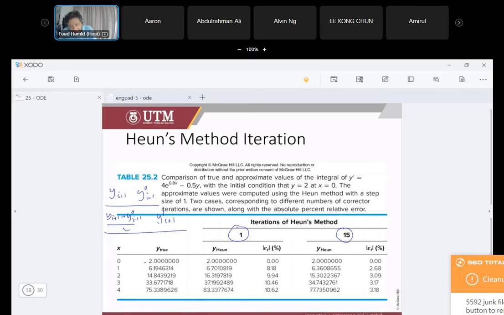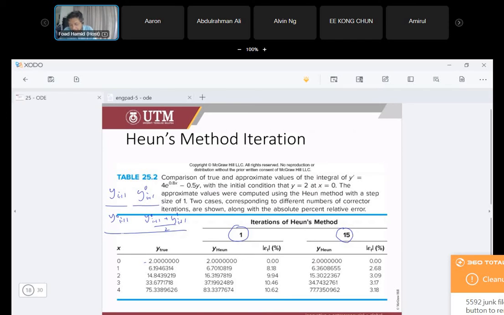And the third iteration will be this one. This should be y naught i plus 1. Okay, and this is going to be y naught i plus 1 plus y1 i plus 1 divided by 2 and so on.